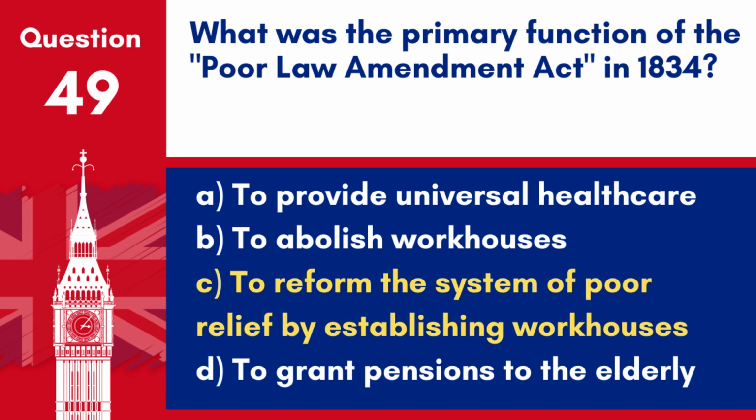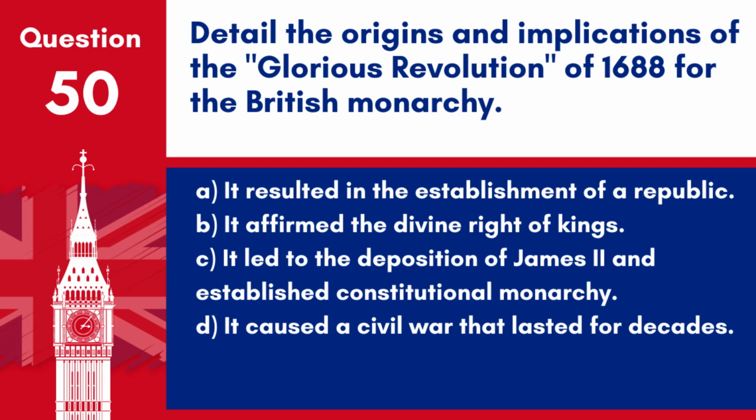Answer: C. To reform the system of poor relief by establishing workhouses. The Poor Law Amendment Act of 1834 aimed to reform the poor relief system in Britain, notably through the establishment of workhouses.